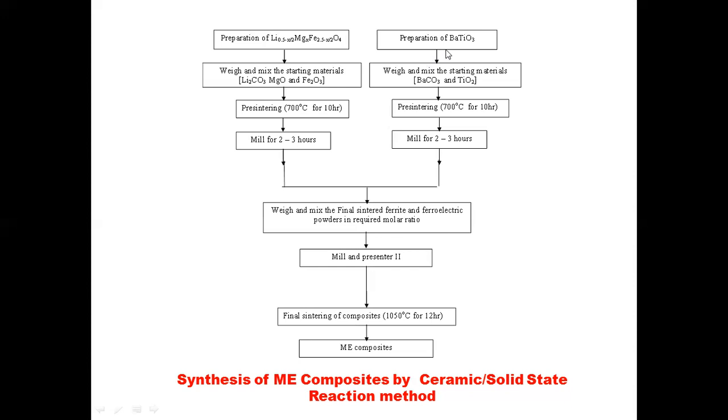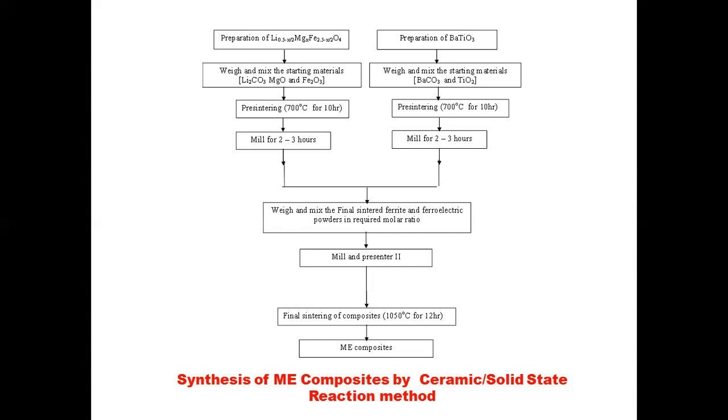In a similar way, on this side we are preparing the ferroelectric phase, that is barium titanate. For the preparation of barium titanate by this ceramic or solid state reaction method, a similar method is adopted, but the starting compounds needed are barium carbonate and titanium oxide.